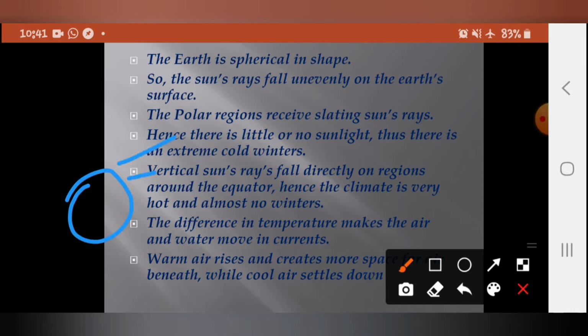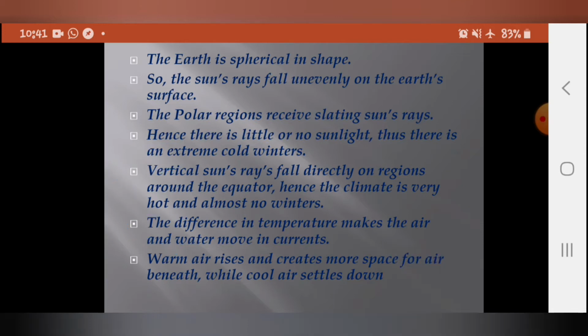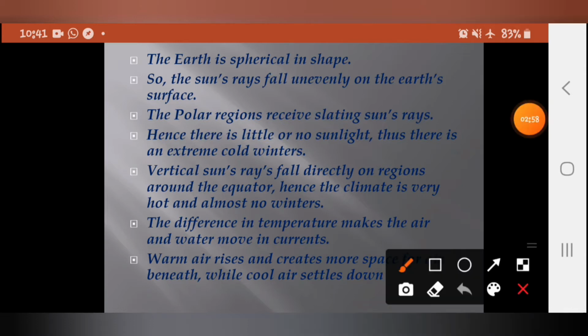So what is the equator? If this is the earth, this is the equator. This is the northern hemisphere and this is the southern hemisphere. Hence the climate is very hot and almost no winters.